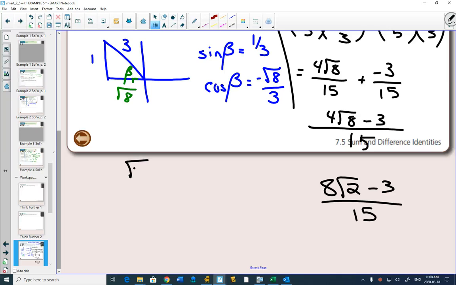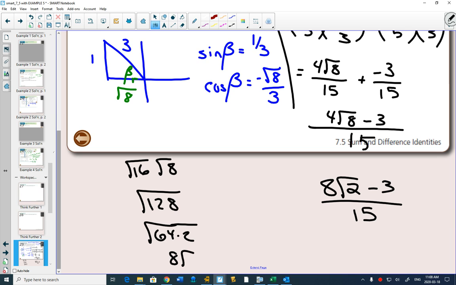So what he's saying is I could change the 4 to √16, right? And then what's 8 times 16? 128. And then, what did you do with 128? Divided by 2, so you had 64 times 2, and the square root of 64 is 8.